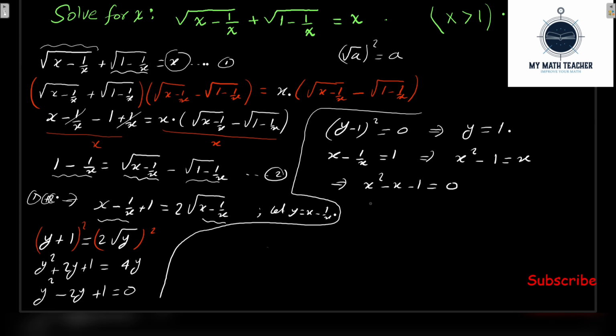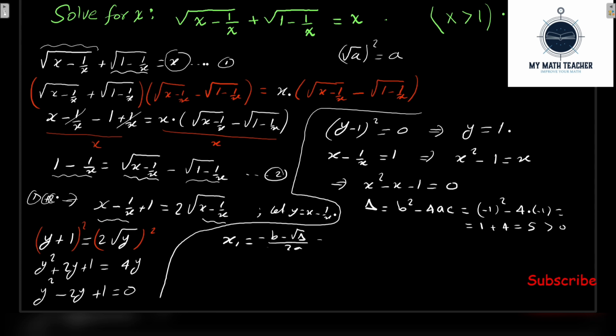To solve this equation, let's find delta, which is b squared minus 4ac, equals (minus 1) squared minus 4 times minus 1, so here b squared is 1 plus 4 equals 5. 5 is positive, so we have two solutions. x1 equals minus b minus radical delta over 2a, which is 1 minus square root of 5 over 2.